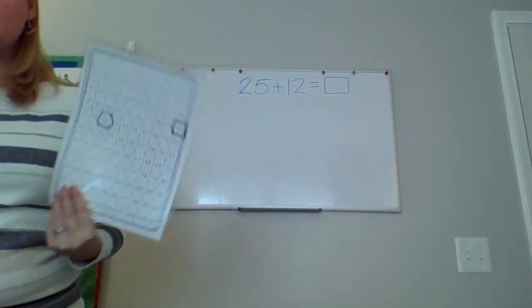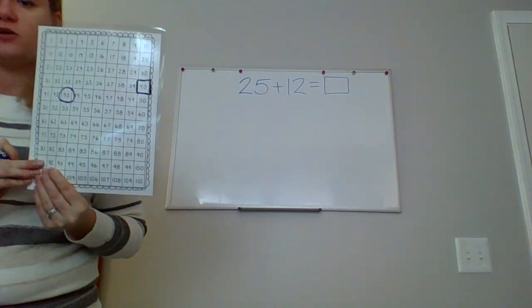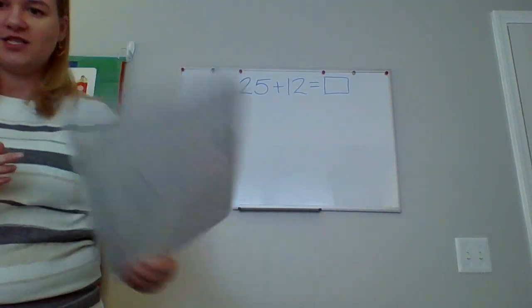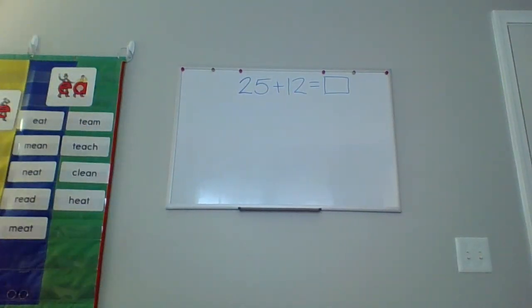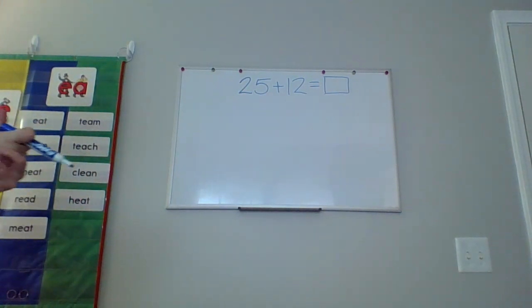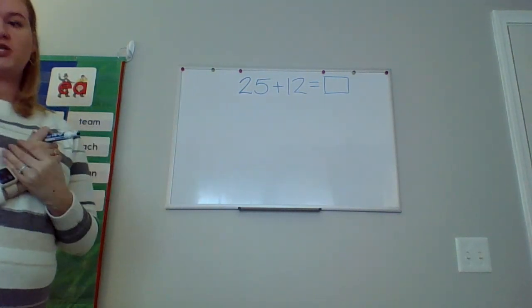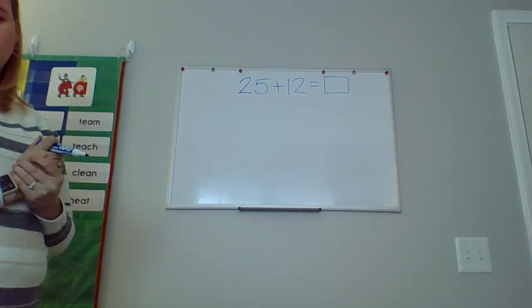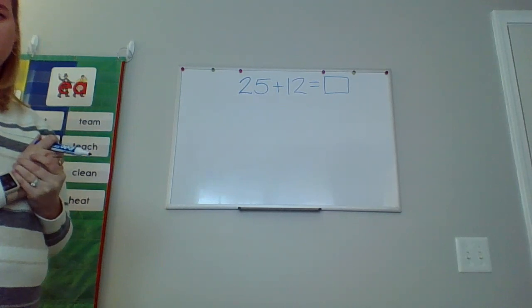Also, when you're solving these, if a number chart helps you check your work, double check your work, use it. That's why I gave it to you, okay? I didn't give it to you just because I like to make copies on orange paper. I gave it to you to use. Now, I would like everyone to write this down. 25 plus 12 equals unknown.